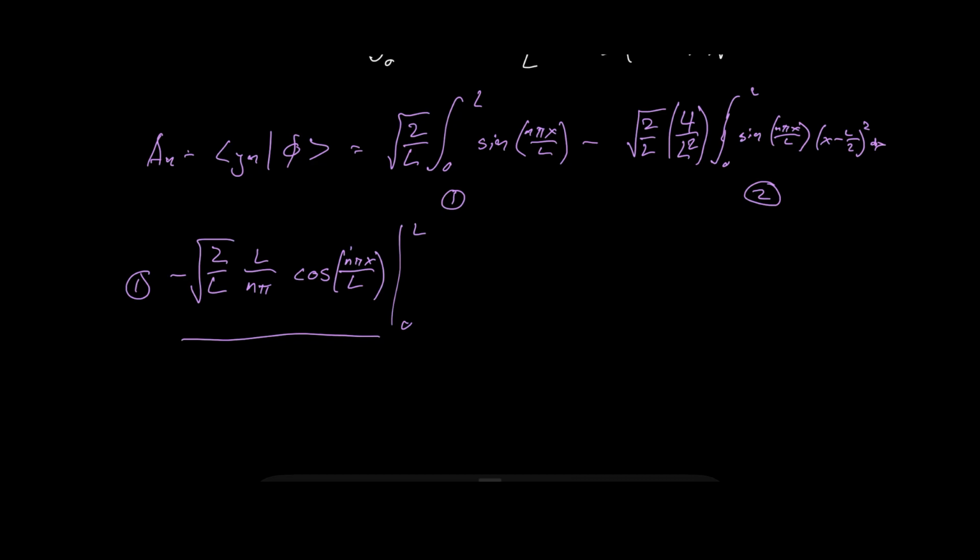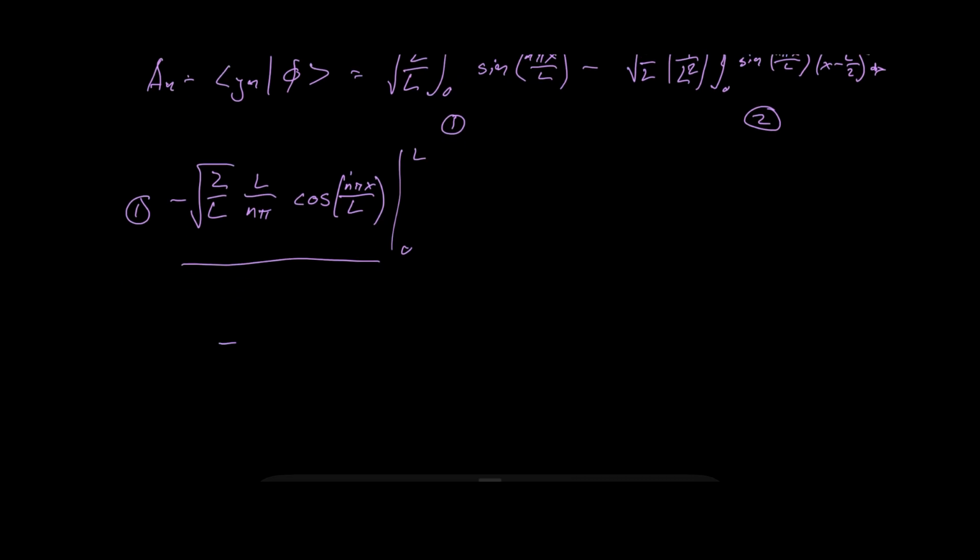So let's write this again. We have minus square root 2 over L, L over n pi. Then we can do this. We do negative 1 to the n, because now this is positive. Because we took the negative out, so now we have negative 1 to the n. So let's make sure this works.